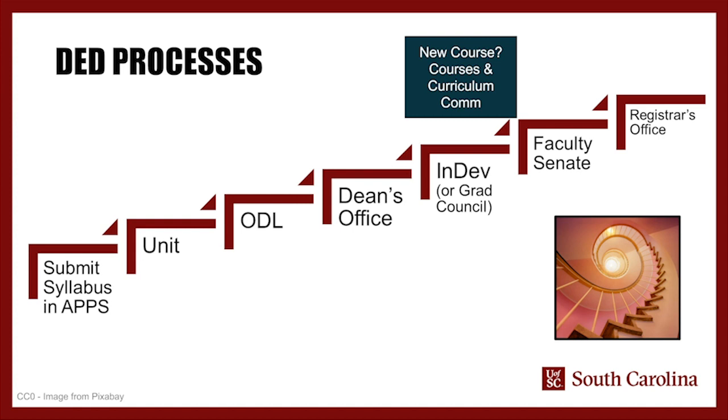And it looks like we do have a question. It says, if the course I'm teaching in summer 2020 is already on the list that you emailed yesterday, does that mean it has already been approved and therefore it does not have to be submitted through APPS? That's correct if you're not making any changes.